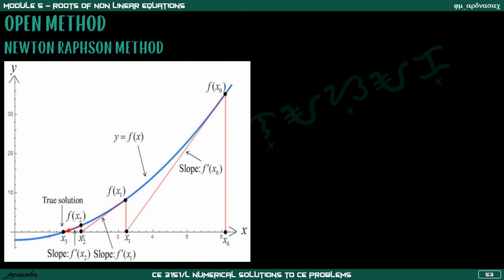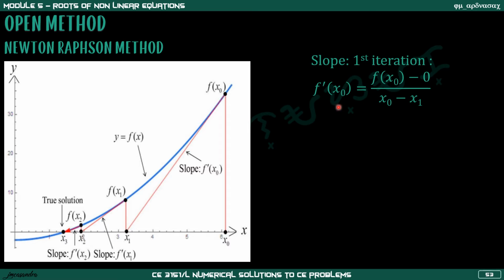Given the graph of the equation, using Newton-Raphson, we are going to identify the lines tangent to our graph. And using these tangent lines, we can identify the true value of our unknown. In this graph, we can see that for our first iteration, we could solve for the root of our equation.